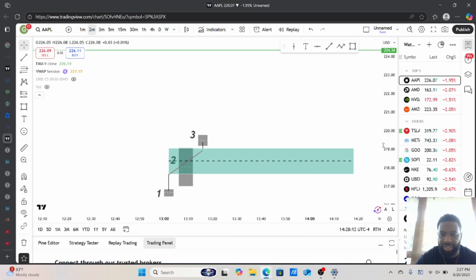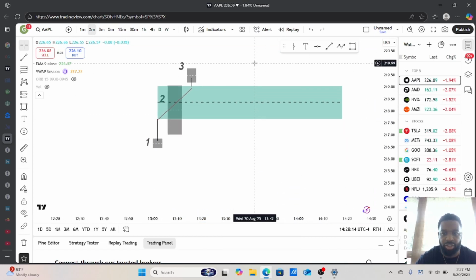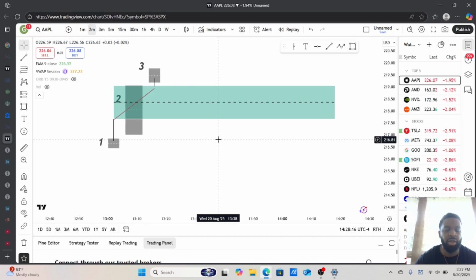Now, the entire blue area that you see marked up between candles 1 and 3, that is the imbalance in price. That is the fair value gap, right? This dotted line in the middle of this fair value gap is the 50% retracement of this fair value gap. This is also called the equilibrium of the fair value gap, okay?